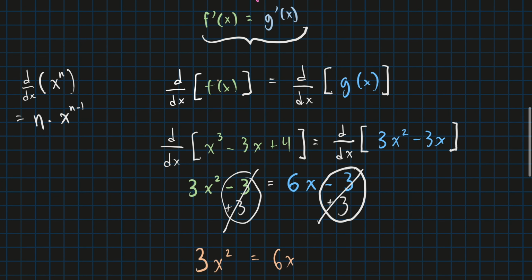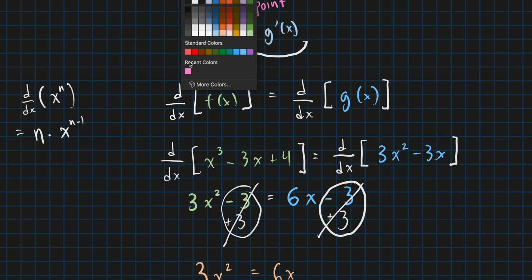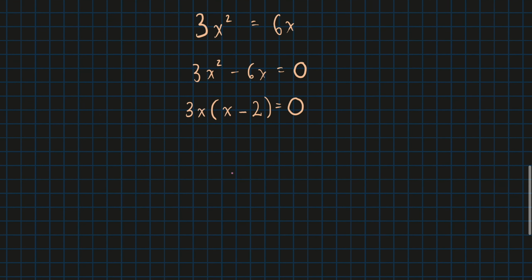We started with f prime of x is equal to g prime of x. So this tells us that at x equals 0 and x equals 2, right? Because if I plug in 2, I will indeed get a 0 on this side, and that makes this equation true.